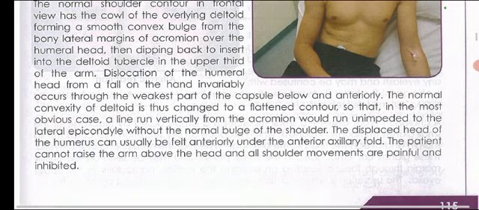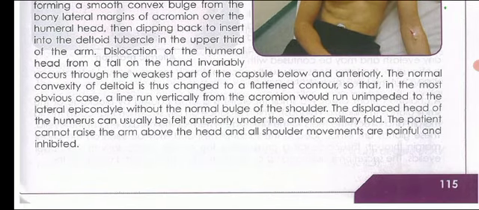The normal convexity of the deltoid is thus changed to a flattened contour, so that in the most obvious case a line run vertically from the acromion would run unimpeded to the lateral epicondyle without the normal bulge of the shoulder. The displaced head of the humerus can usually be felt anteriorly under the anterior axillary fold.